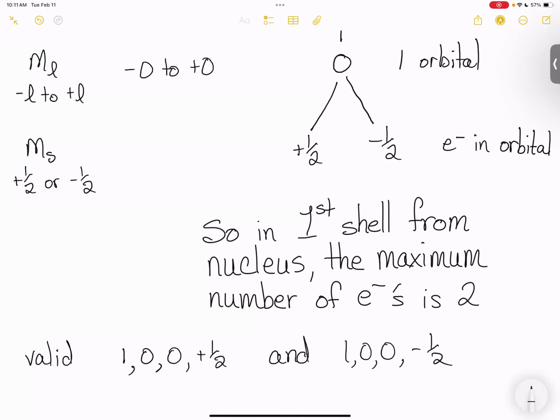Those are the only valid sets of quantum numbers for shell 1.